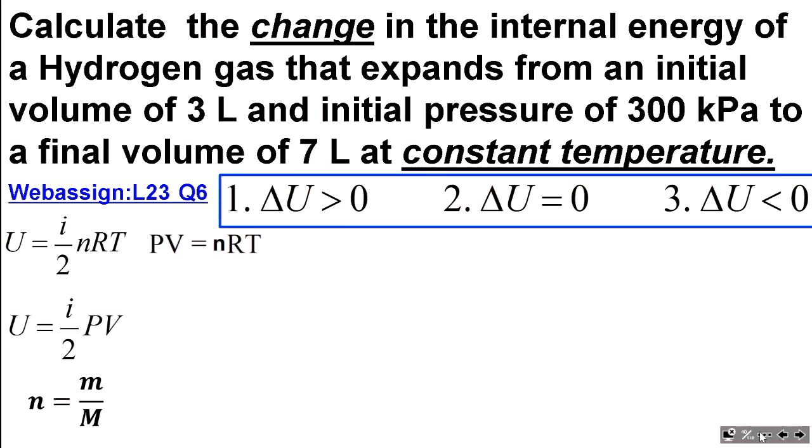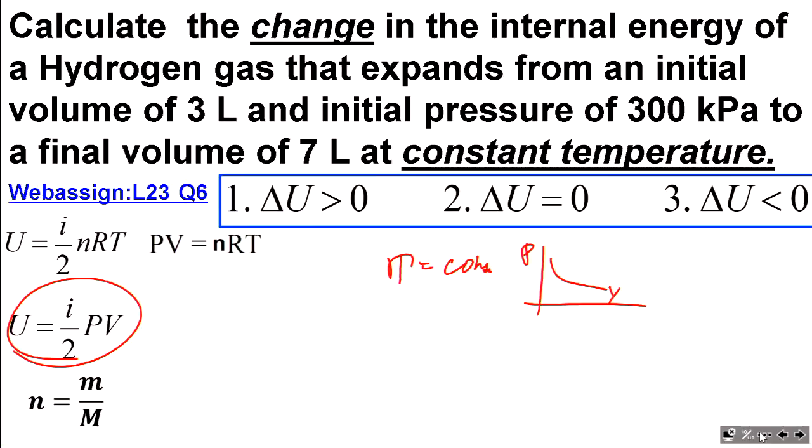Well, it's about picking the right equation. Let's say you picked this equation. This is an isothermal process, which means pressure and volume both change. And when you have two changing variables, you cannot predict what will happen to the product.